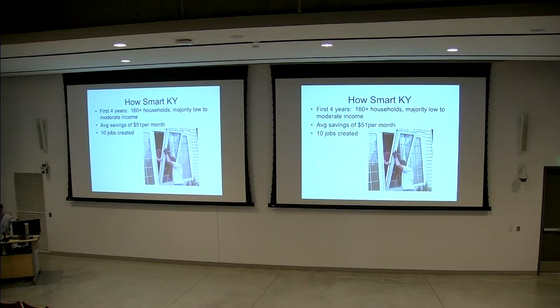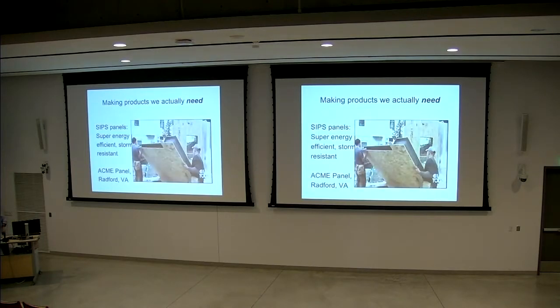So they created a program with the local utility in which now a private contractor goes in, does the window installation and the other improvements, and then once they finish the work, the families pay back the loan through savings on their electric bill. This is emerging now in several parts of the country. In Eastern Kentucky, it's the only one in Appalachia.